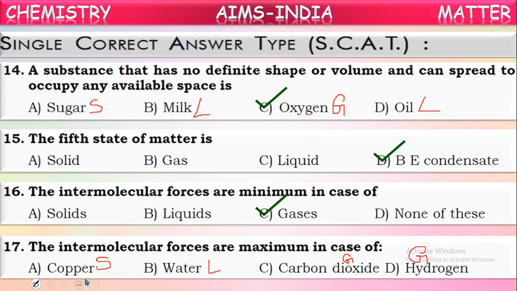So the only solid metallic element is copper, which has high intermolecular forces of attraction. That is the correct answer. Sorry, intermolecular forces. Copper is correct, not hydrogen, because hydrogen is a gaseous substance. Copper is a solid substance, so it has maximum intermolecular forces. Copper is the correct answer.